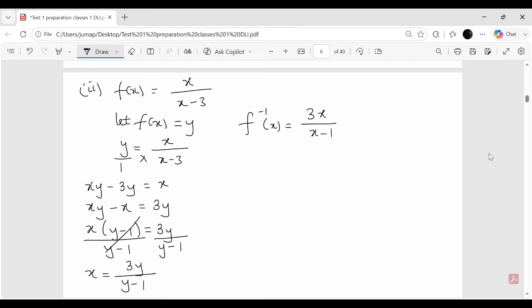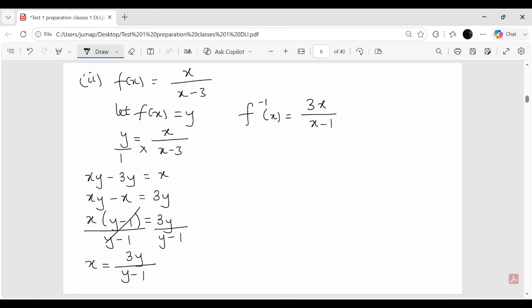Okay. So now they've told me that I must mention the domain of the inverse function. For a rational function like this one, the denominator must not be equal to 0, because whenever I have a denominator equal to 0, it will cause me to have an invalid solution.